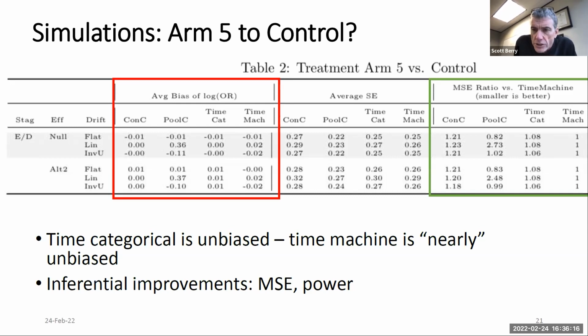The concurrent controls in this example for arm 5 has about a 20% increase in mean squared error in that scenario. Hence, the ignoring of data and the inefficiency of restricting your analysis to a subset of data by taking concurrent controls. So if we go next slide.